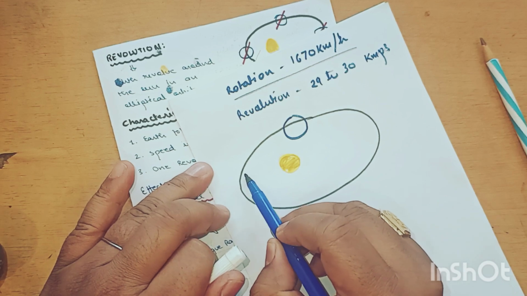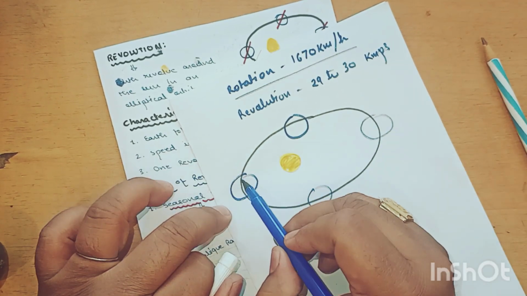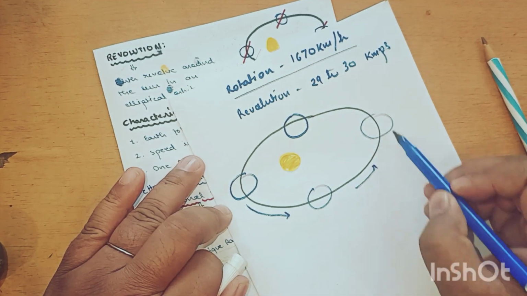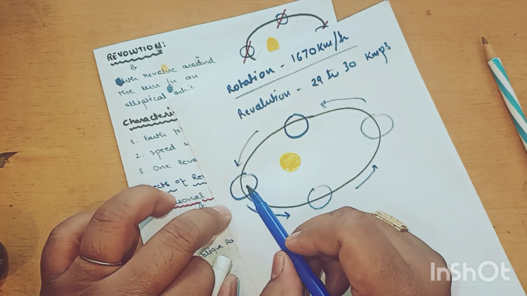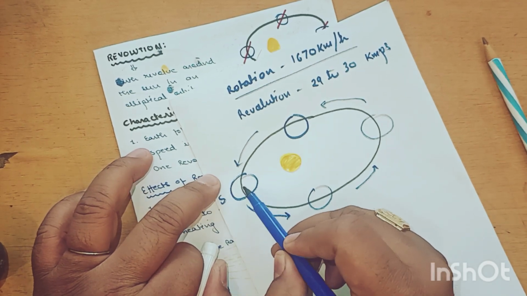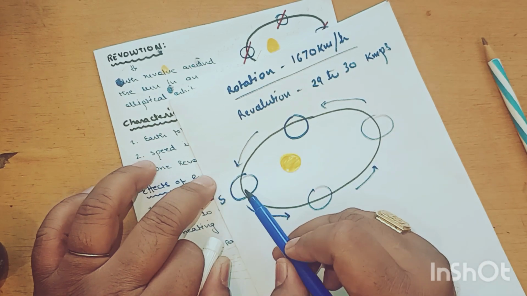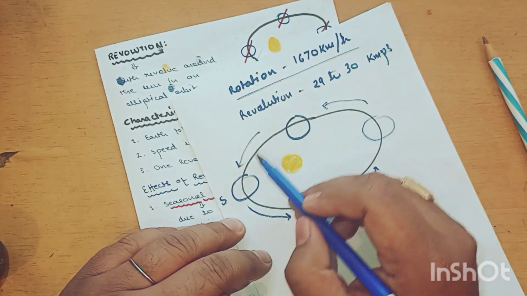So imagine the earth starts revolving from here to here, then here, then this is the mean position. If we imagine this is the starting position, it starts from here and again comes back to this position. How much time will it take to revolve around the sun?